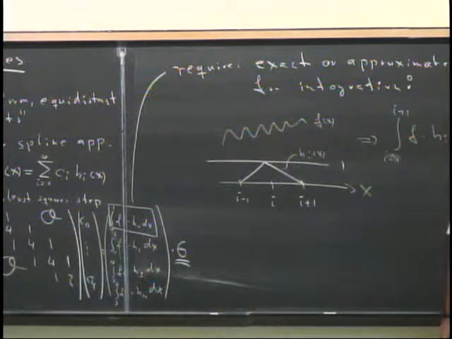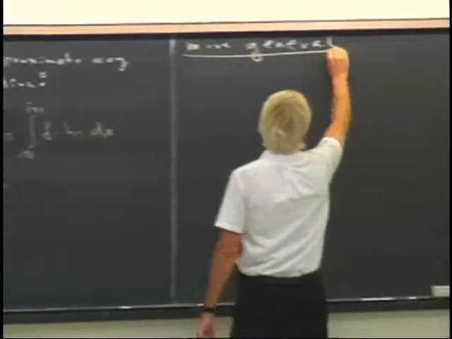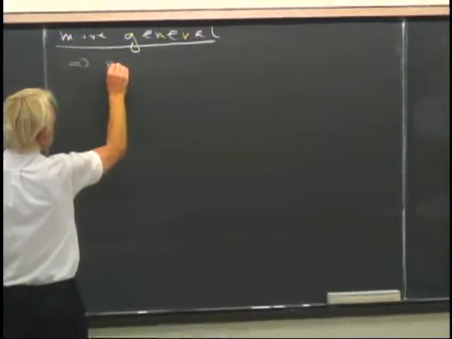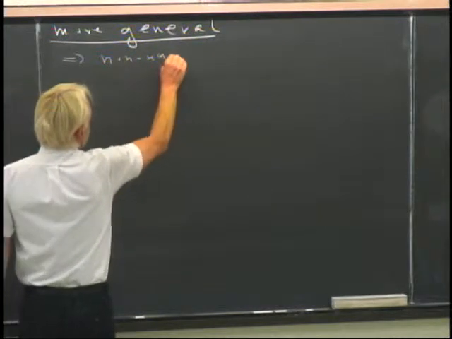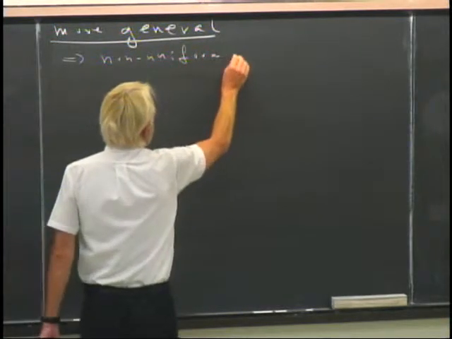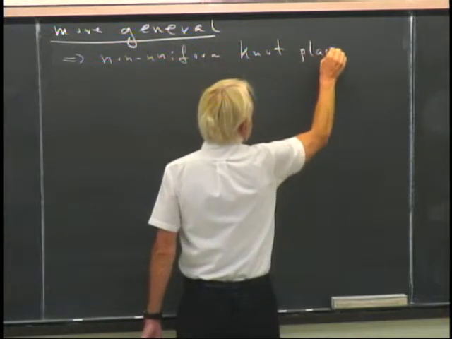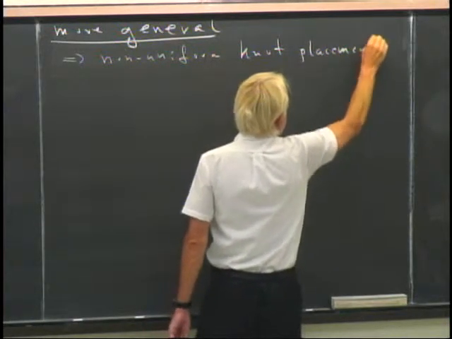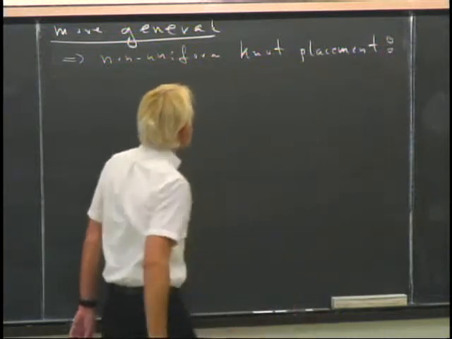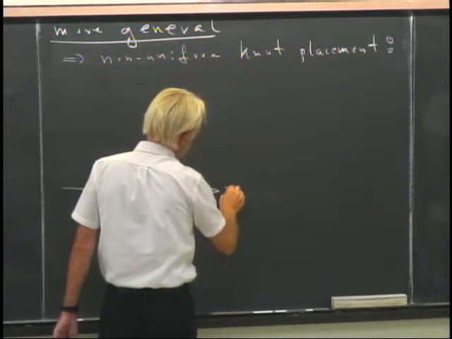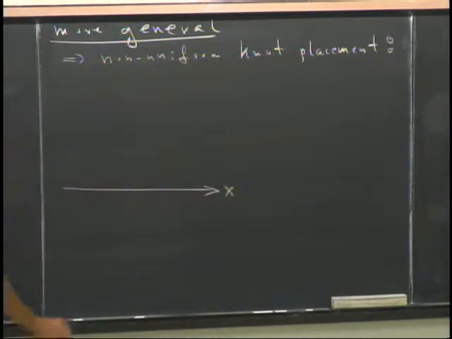The more general case, I want to show that again, because that then will relate to arbitrary triangulations. More general, we have a non-uniform placement, so what changes, and I also want to hint onto an optimization problem here.